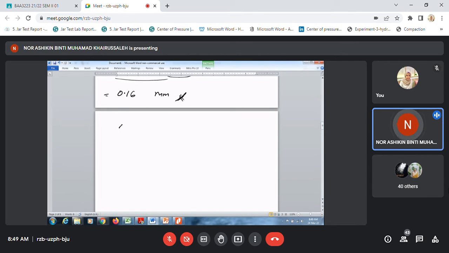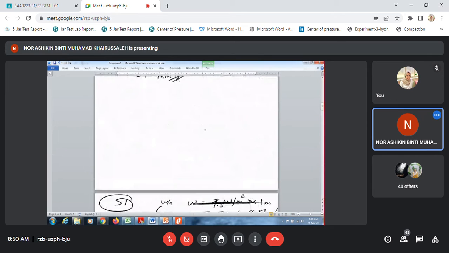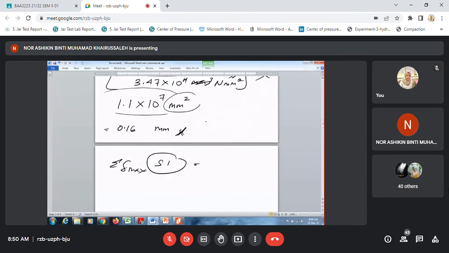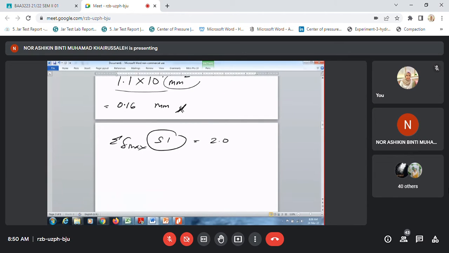Okay, so that means the maximum deflection from the slab is 2.034 plus 0.16, so the one that you got here is 2.194 millimeter.